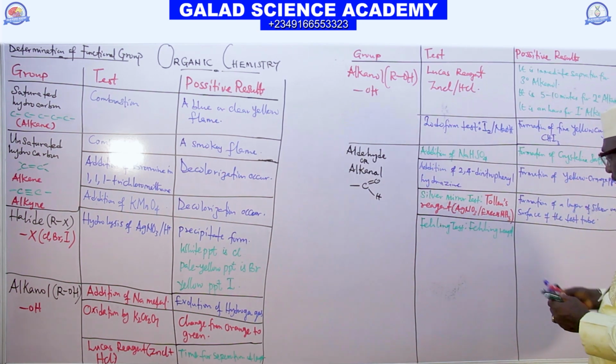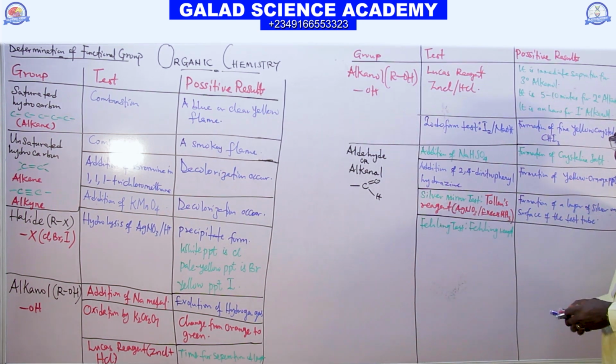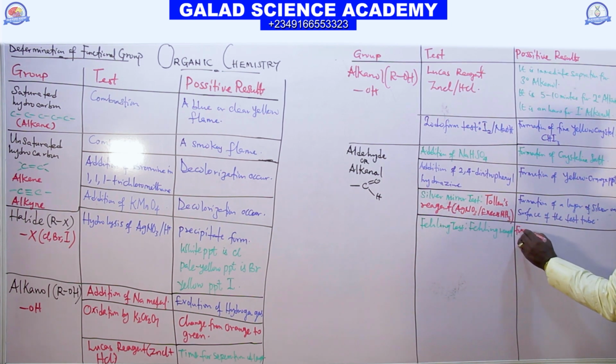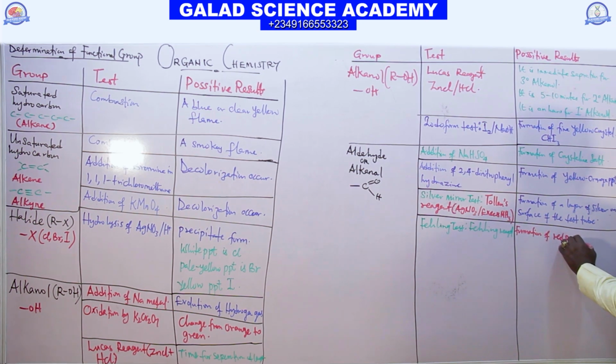When the Fehling reagent reacts with alkanal, there will be formation of red precipitate, which is copper oxide.